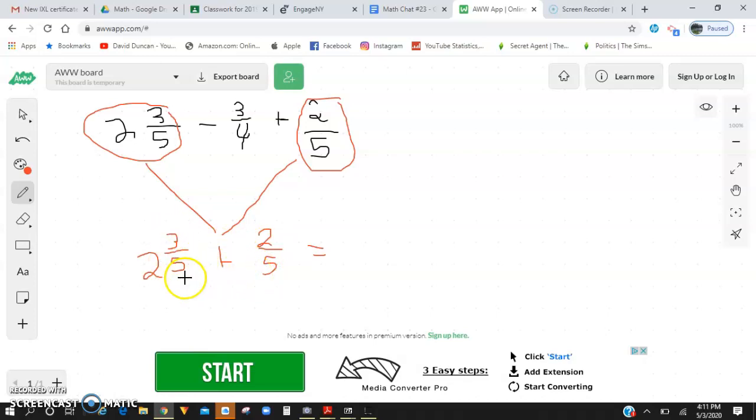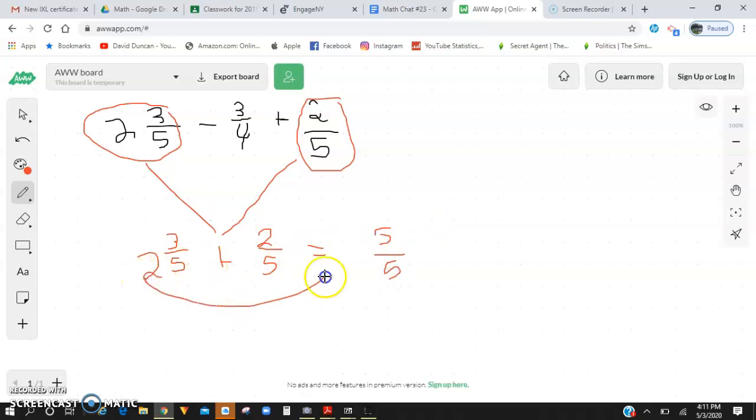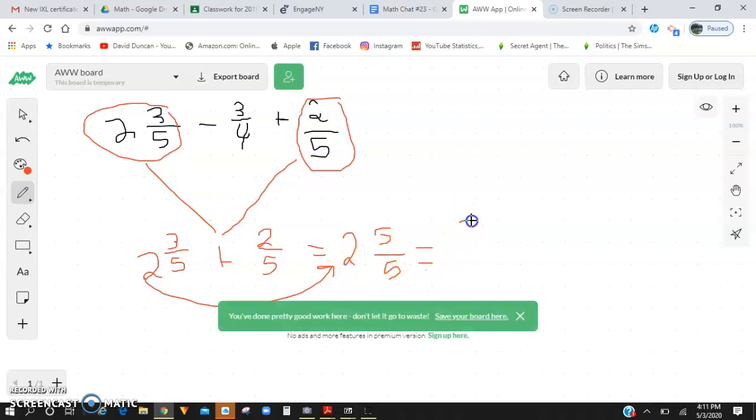So I know 3/5 plus 2/5 is going to get me 5/5, okay? And I'm going to bring this 2 over here as well. So I have 2 5/5. Well, I know that 5/5 is also equal to 1 whole. So 2 plus 1 whole is actually just going to get me 3, okay?